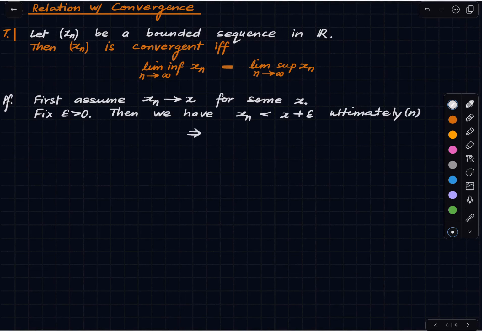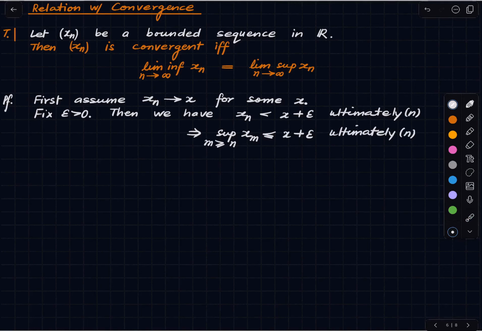that the supremum of the tail starting at n is at most x plus epsilon. So note that there is a less than or equal to sign rather than just a less than sign. This is happening ultimately for all n.